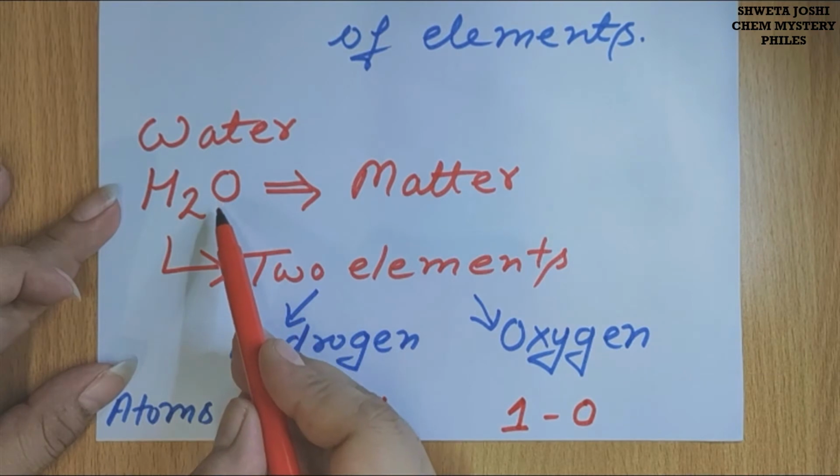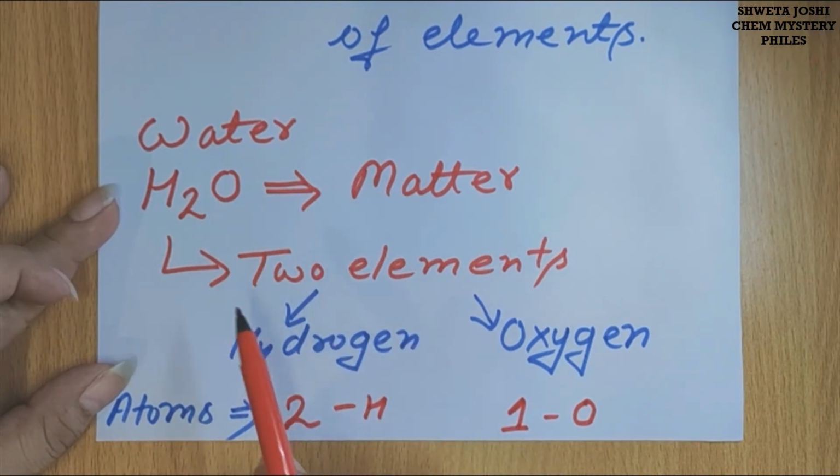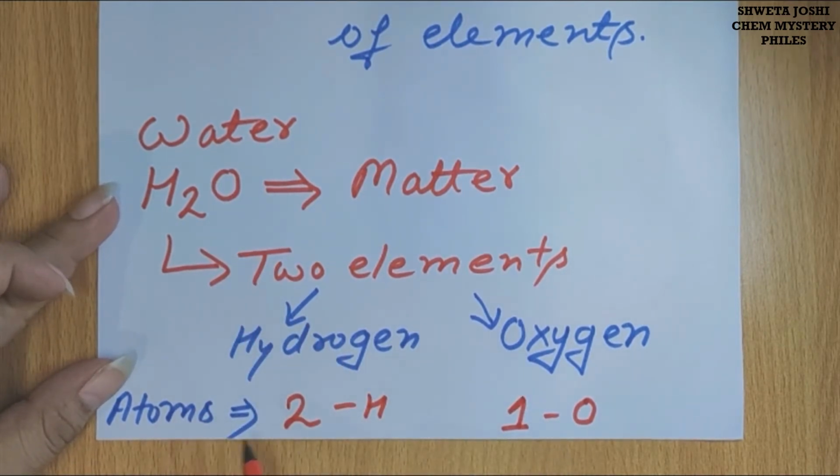So water, H2O, is a matter. It comprises 2 elements, hydrogen and oxygen. In H2O, there are 2 atoms of hydrogen and 1 atom of oxygen.